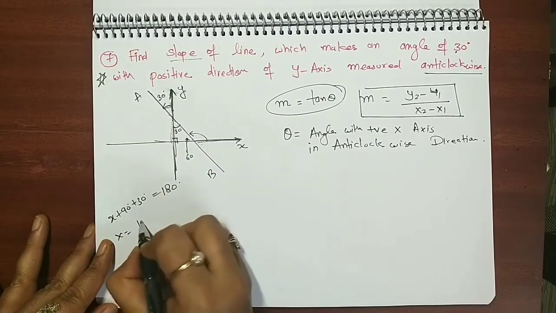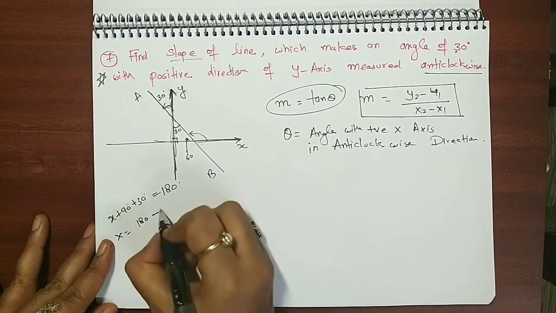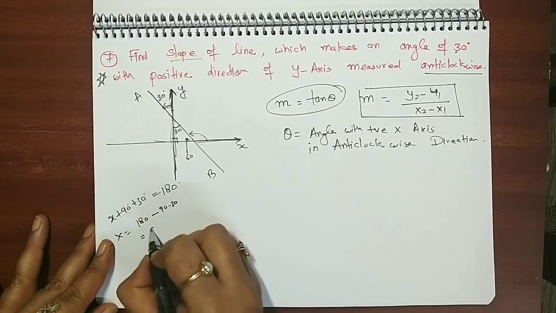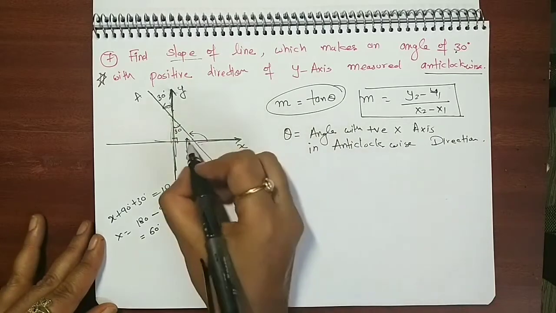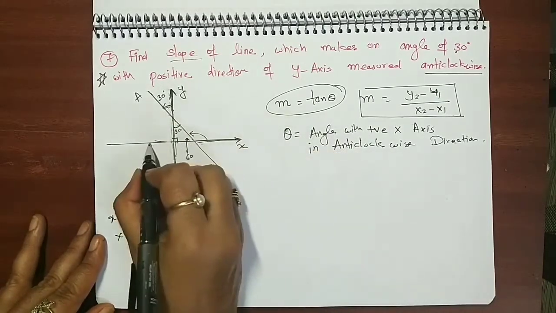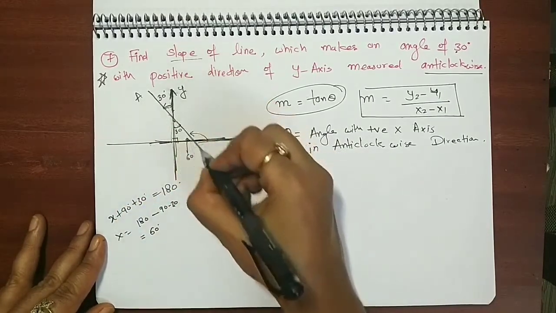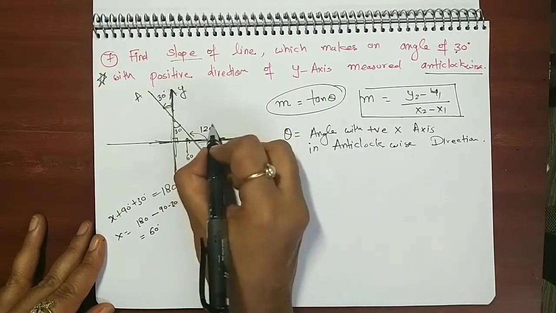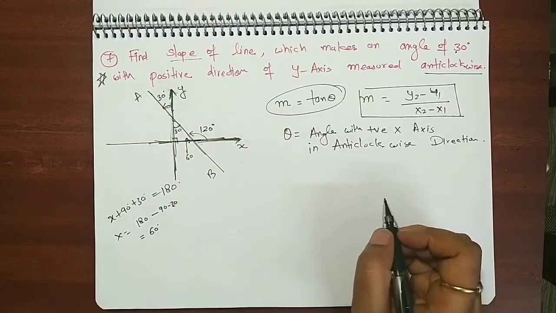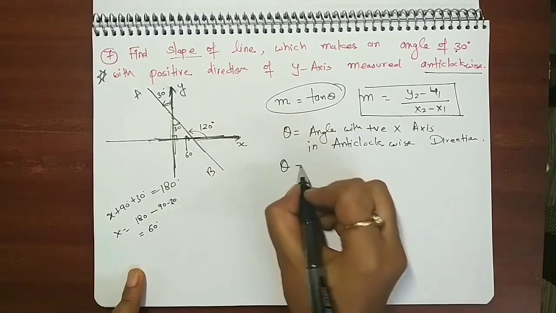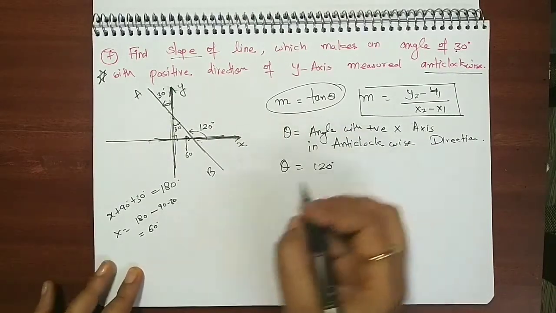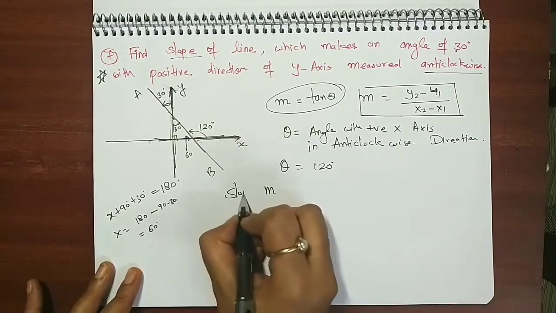So x has to be 180 minus 90 minus 30, which is 60 degree. So this angle is 60. And this is a straight line. If this is 60, this has to be 120 degrees, sorry. So I found my angle. Here theta is 120. If theta is 120, what is the slope?